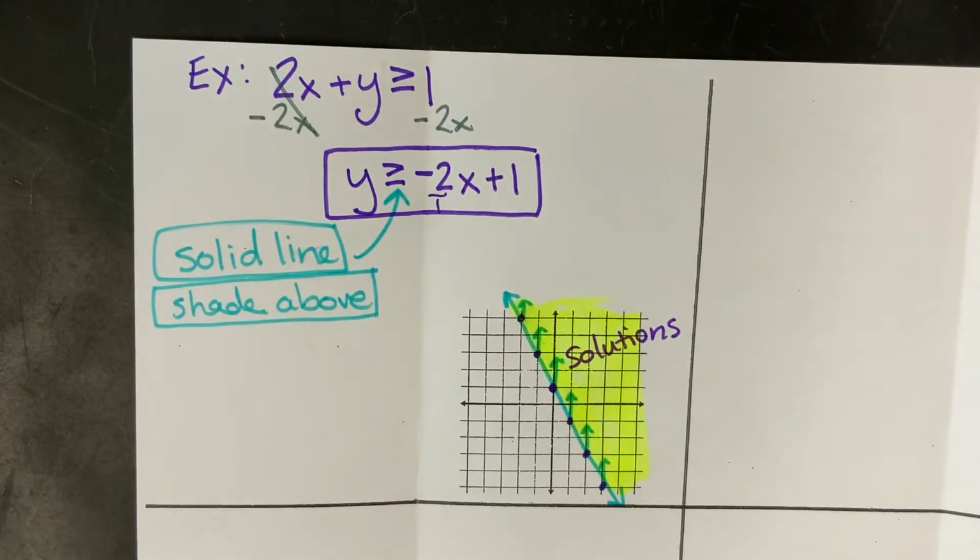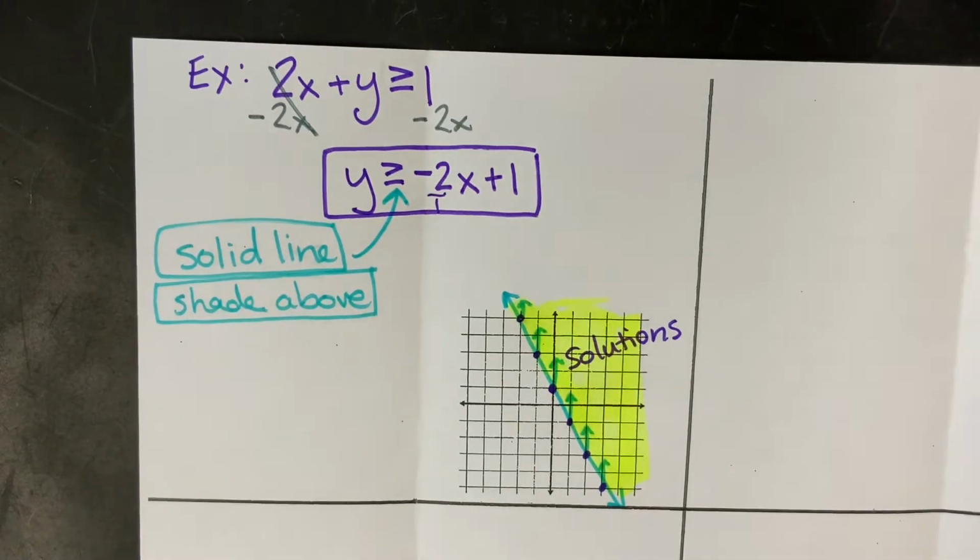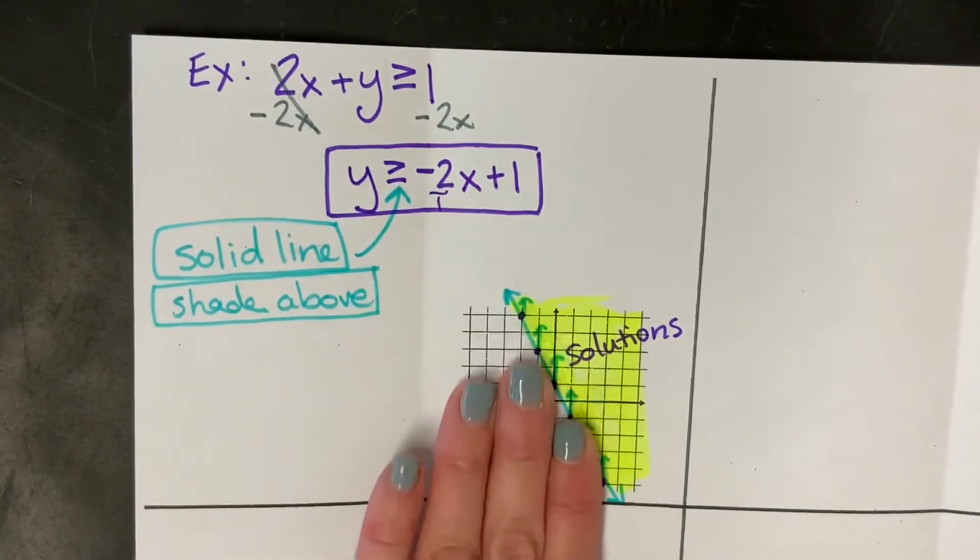All the points on the line are solutions, and any point in the shaded half plane is a solution, since it's or equal to and has the solid line. Nothing out here. None of these are solutions.